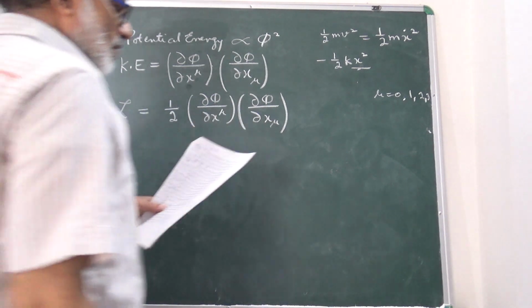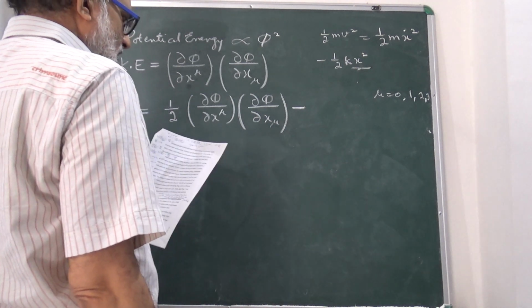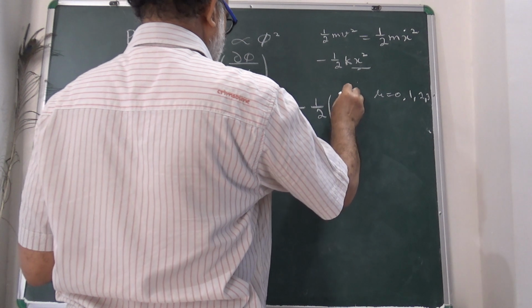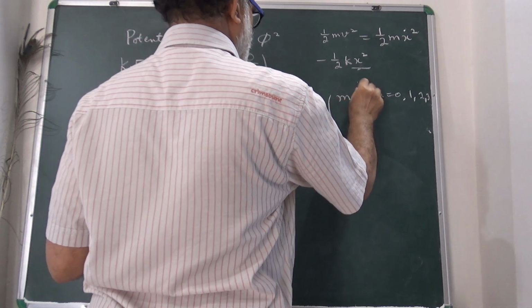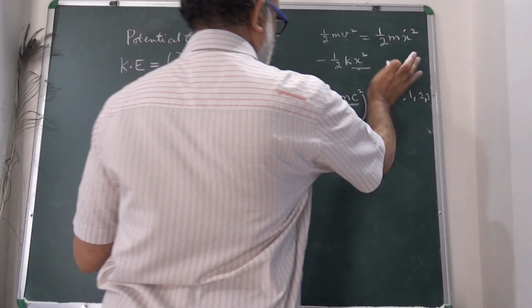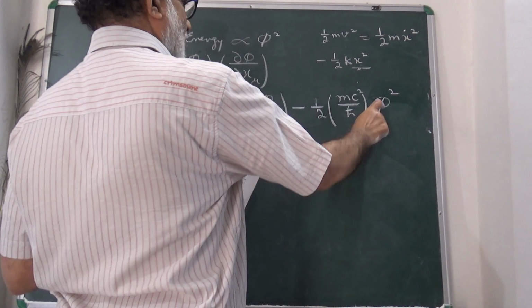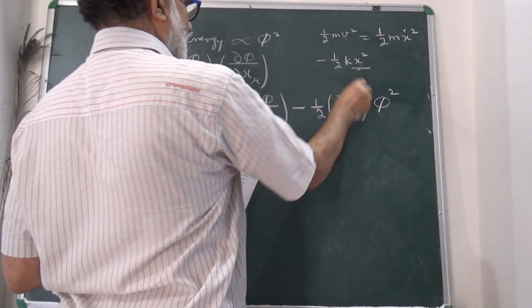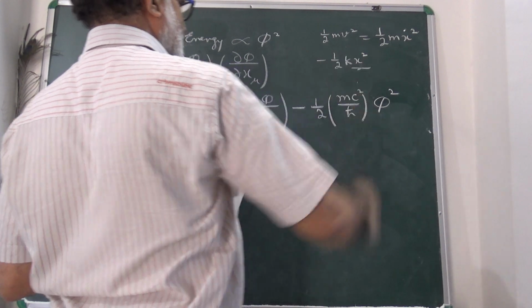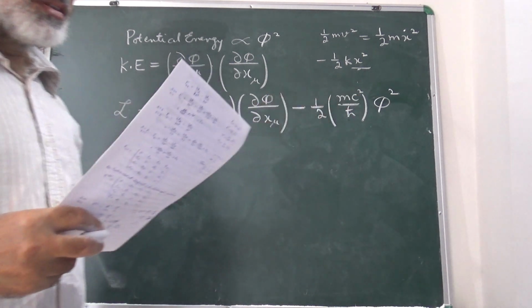Then minus the potential energy. The potential energy is half, say, m c square by h, times phi square. This is some parameter, where m is the mass, c the speed of light, and h the Planck's constant.